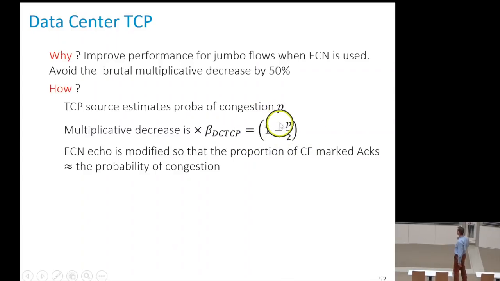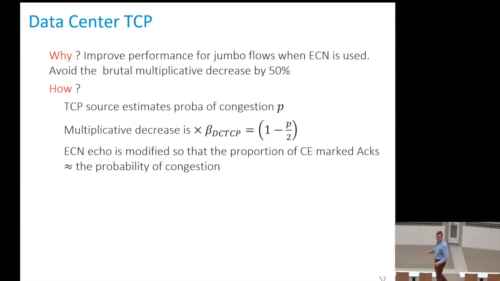Now, if P is equal to 1, that is, if you drop a packet with 100% probability, that will give us 50%. In all other cases, we will get something that is larger than 0.5, so the coefficient here is always less aggressive than TCP Reno.